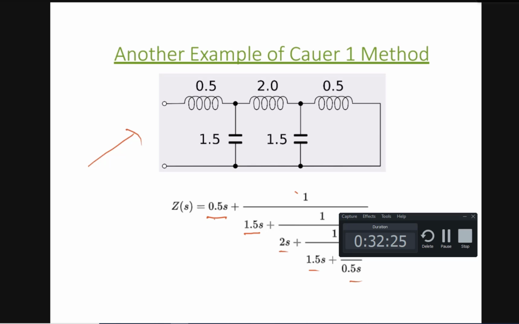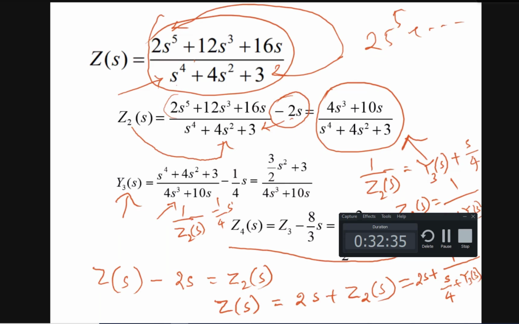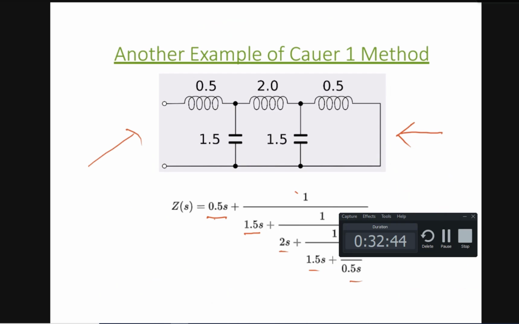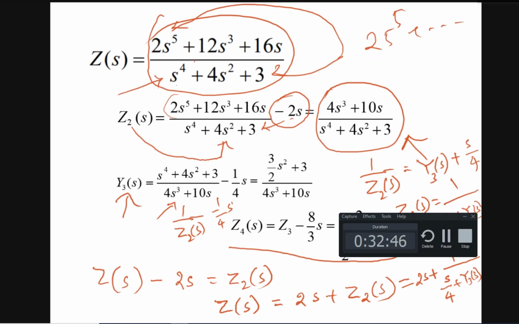So this kind of network is called a ladder network actually. So any positive real function f of s or Z of s can be expanded in Cauer form using this procedure.